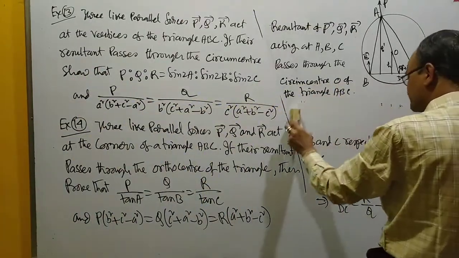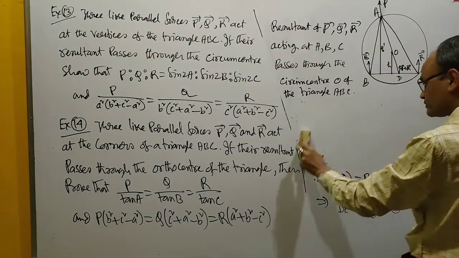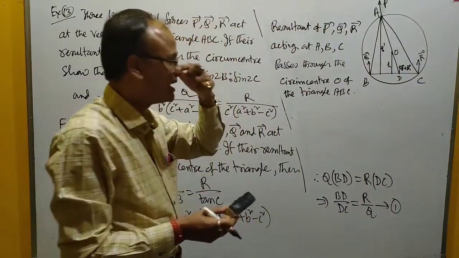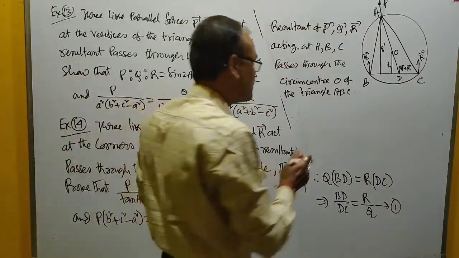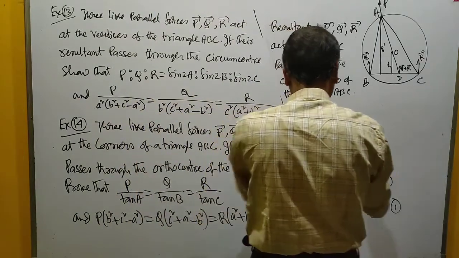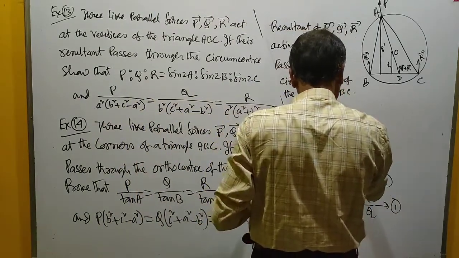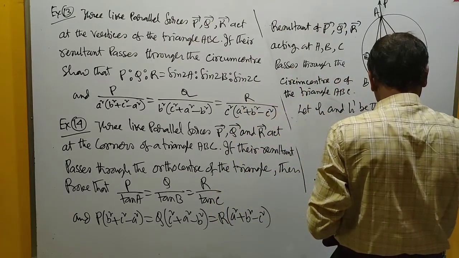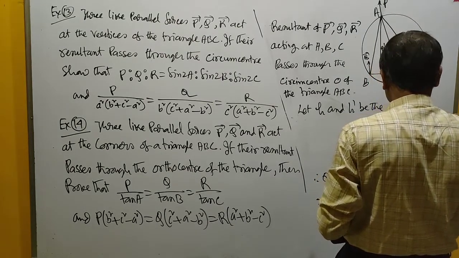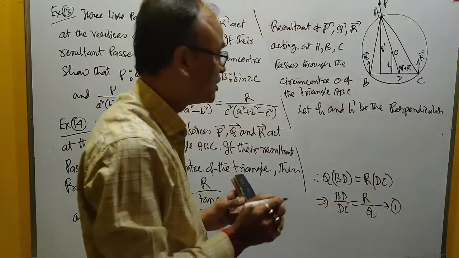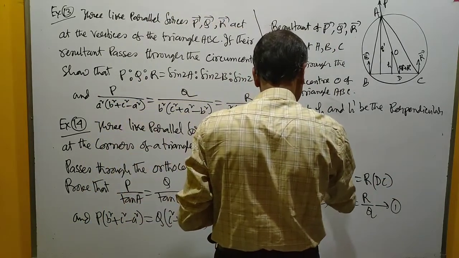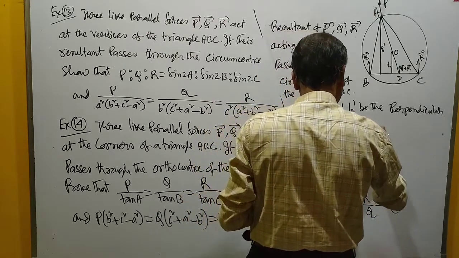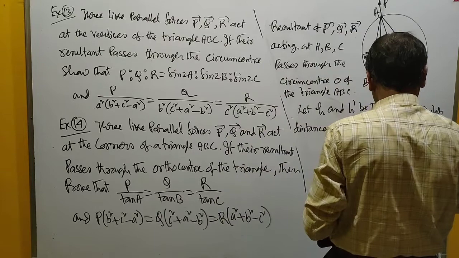Now, the resultant passes through this. Let H and H dash be the perpendicular distances from O and A on BC respectively.